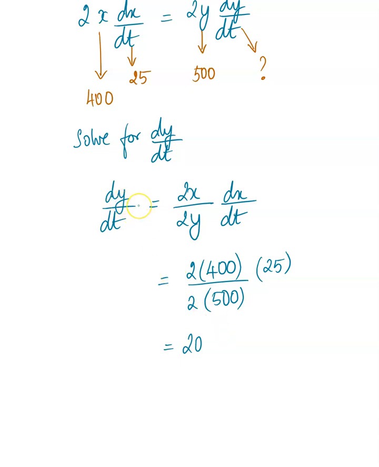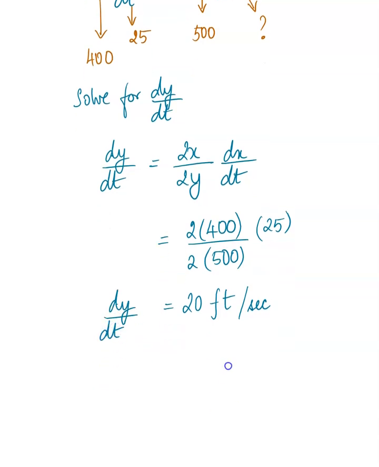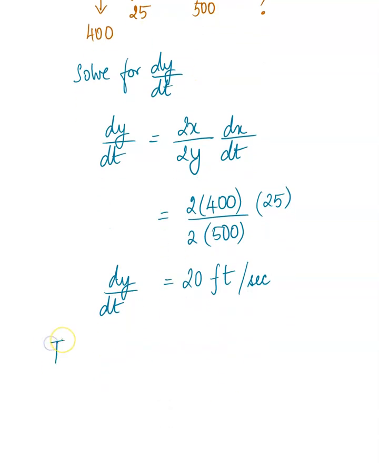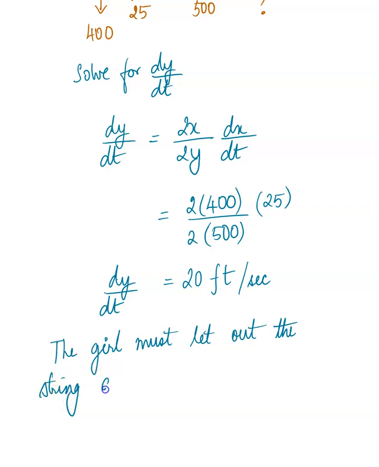And because the length of the string is measured in feet, dy over dt is in feet per second. The girl must let out the string at the speed of 20 feet per second. You can say at the speed of, or at the rate of 20 feet per second.